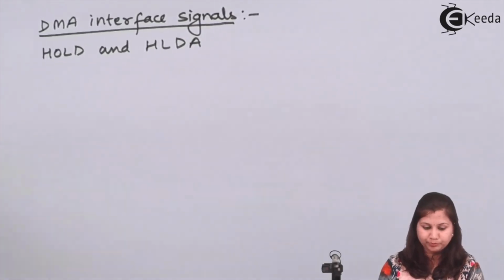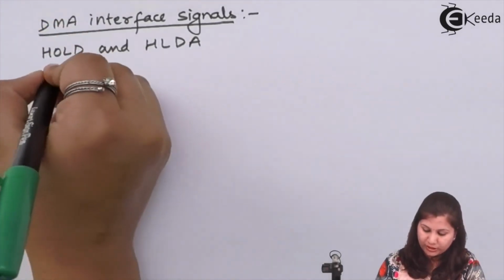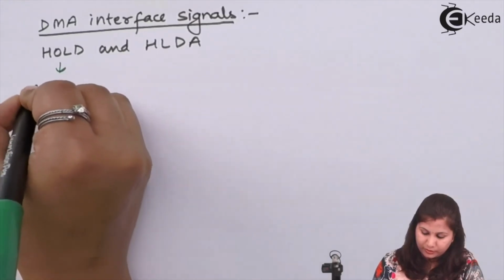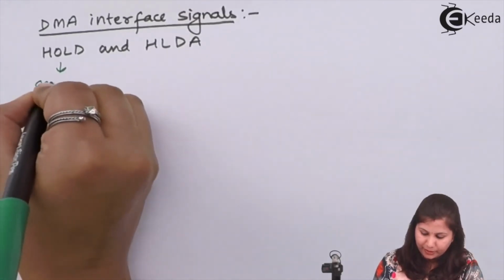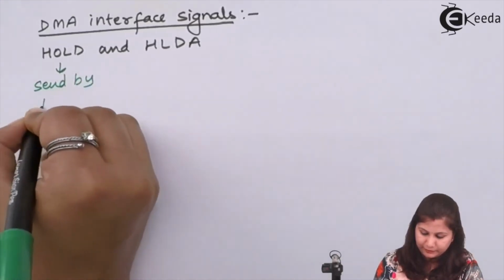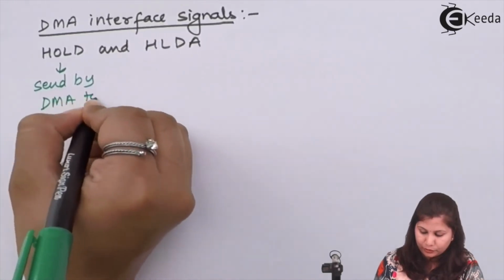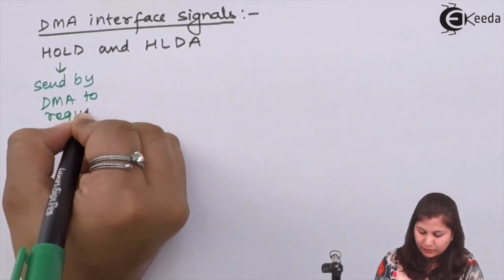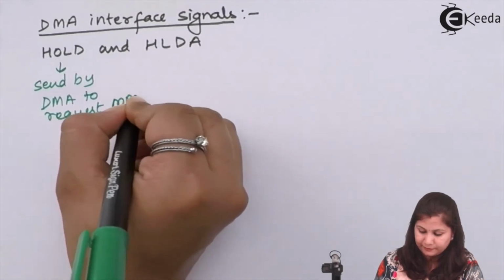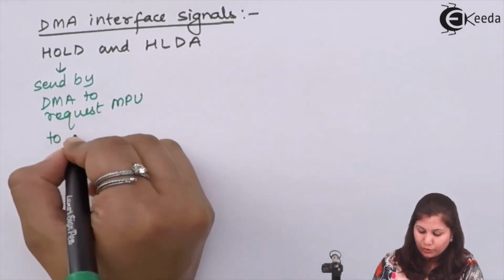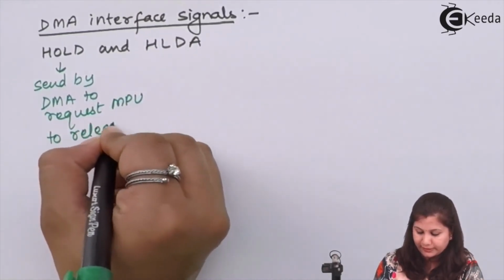Okay. So HOLD is sent by the DMA to request the microprocessor to release the control of the buses.